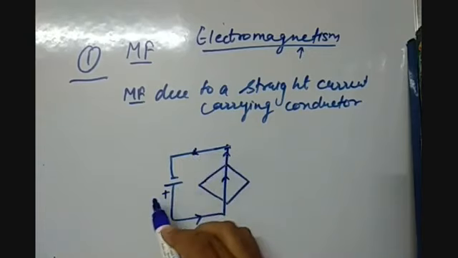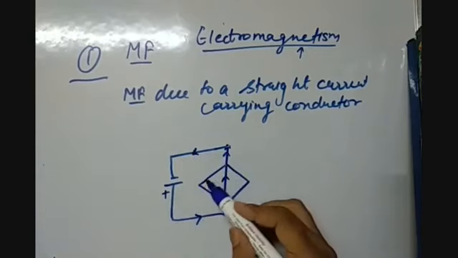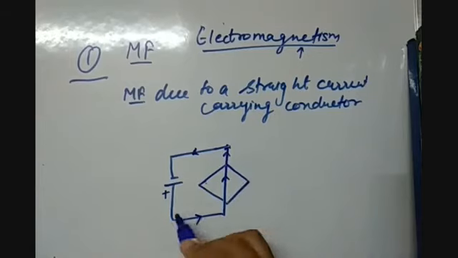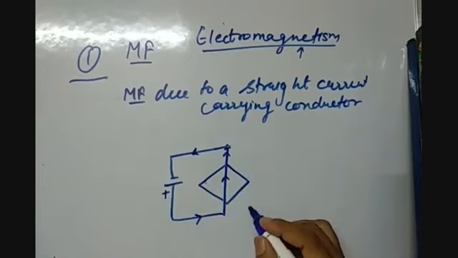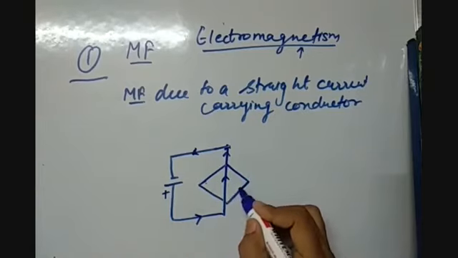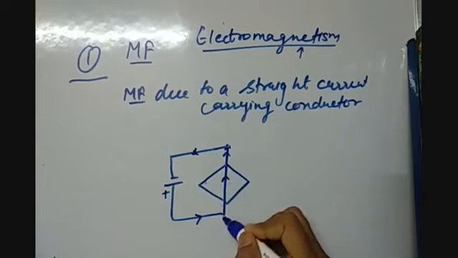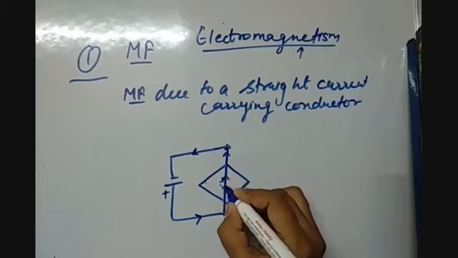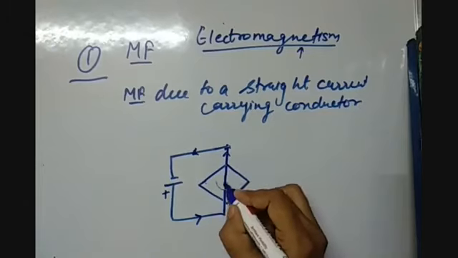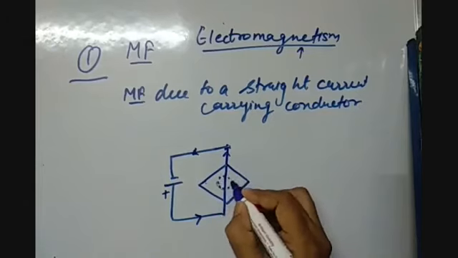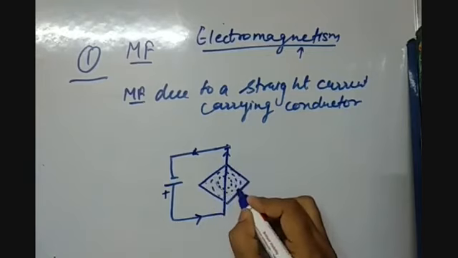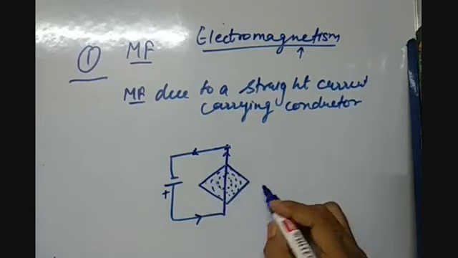Before switching on the battery, we sprinkle iron filings on the cardboard sheet. Then when the current starts flowing through it, the iron filings take a particular arrangement around the conductor, and we see that concentric circles around the conductor are formed.